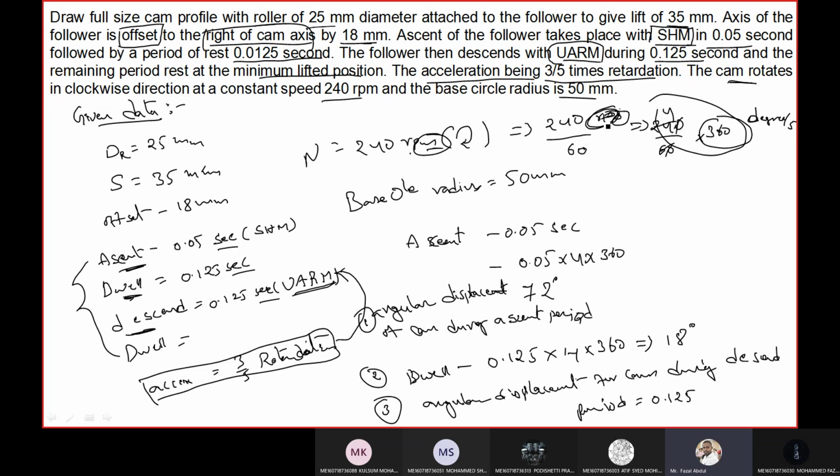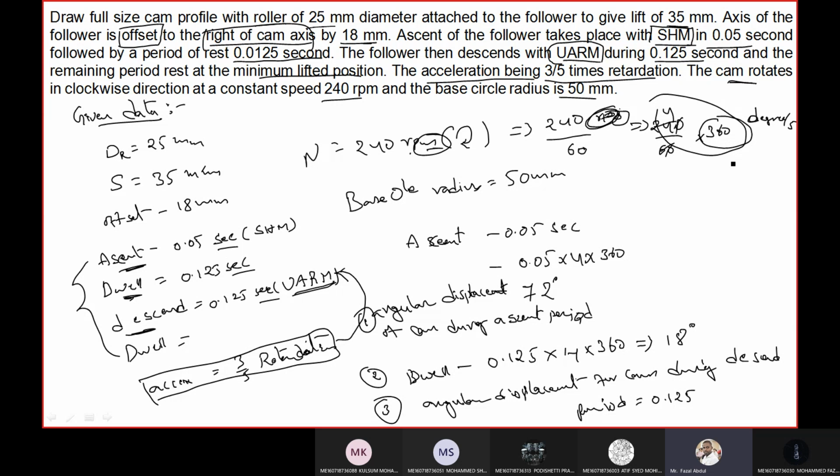So I want in terms of degrees, so you multiply with the 360 degrees. For continuous circular motion, total 360 degrees takes place. So to get the value of the cam rotation in terms of degrees, I am multiplying with the 360.